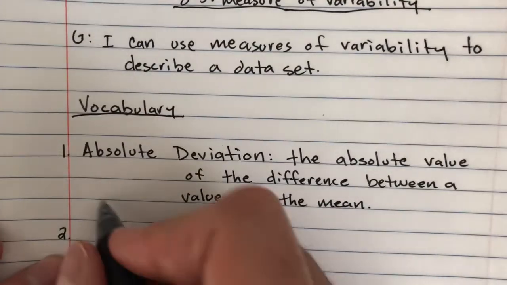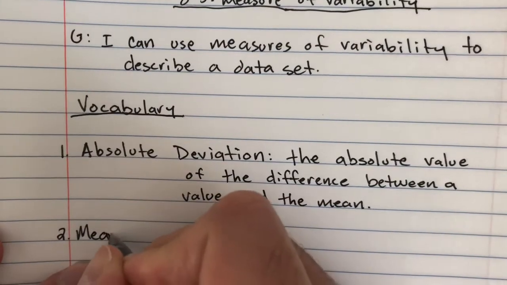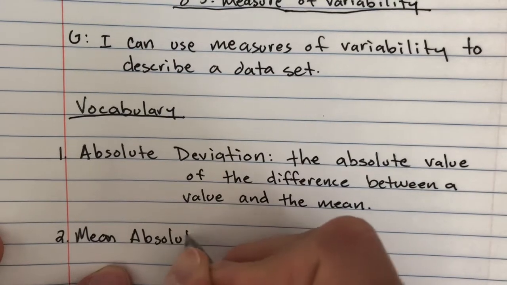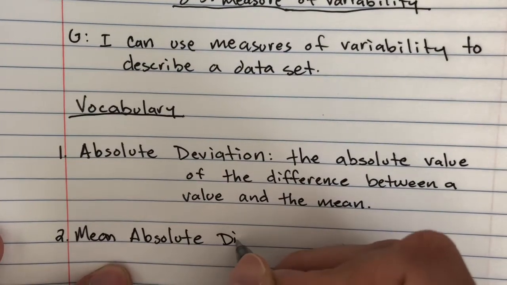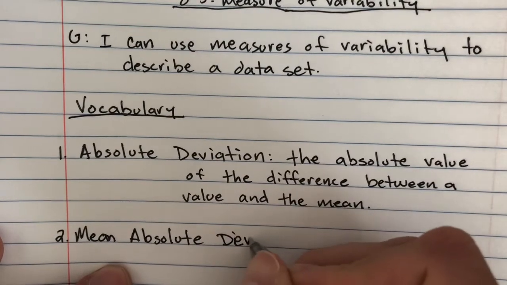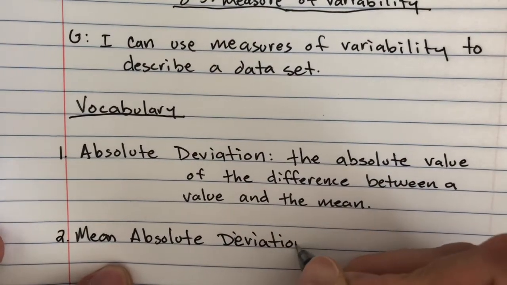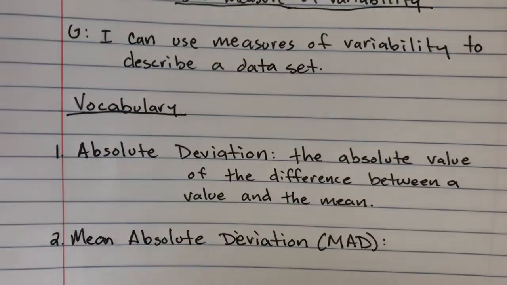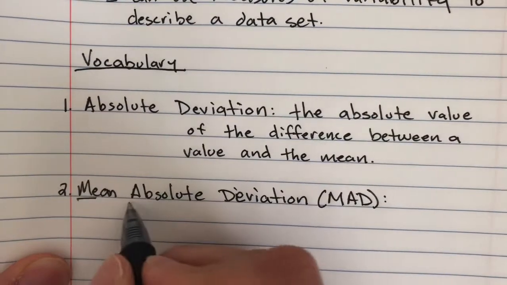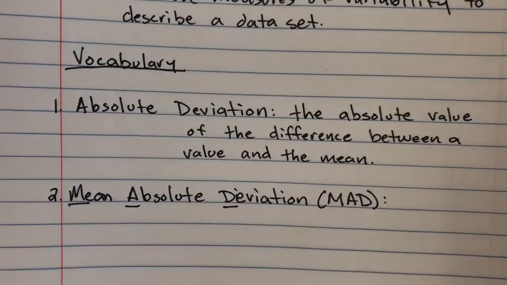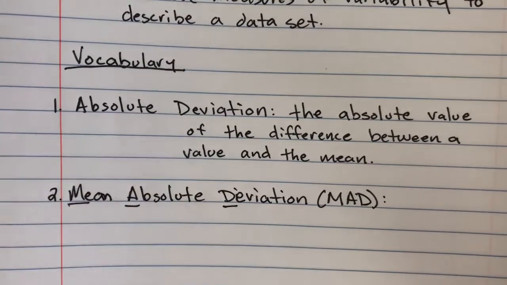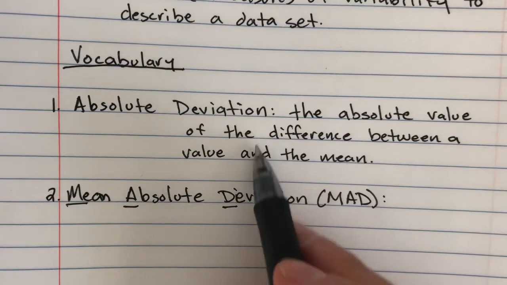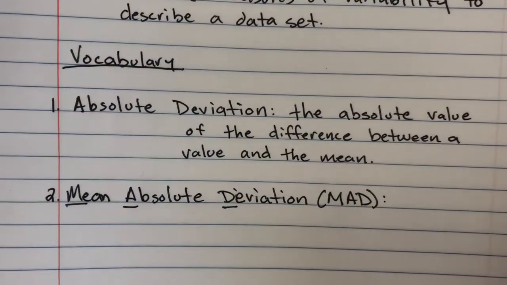Number 2, we have something called the mean absolute deviation. For short, we call this MAD. Mean absolute deviation. And the mean absolute deviation is once you have those deviations that you've created, like you find the mean, you subtract it from the values, you get the deviations.